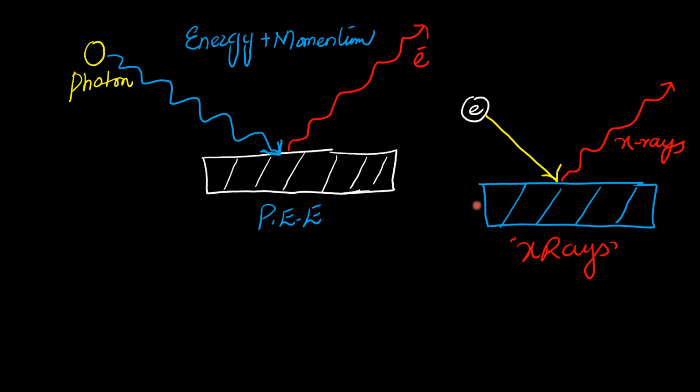They may cause a de-acceleration of the incident electron, or an inner shell transition may occur, and due to this, the radiation produced will be X-rays.